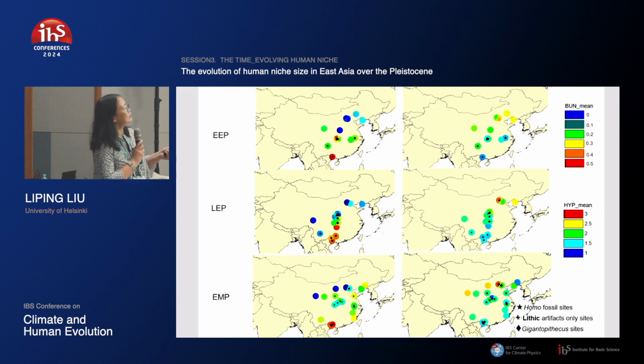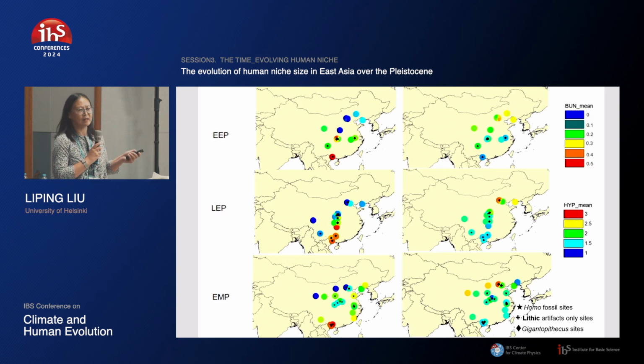So we map all the fossil sites according to their geographic coordinates and by the different ages. The color blue means low temperature and the red means higher temperature, and the right panel is the precipitation.